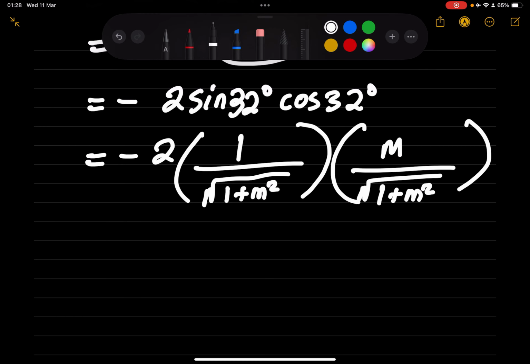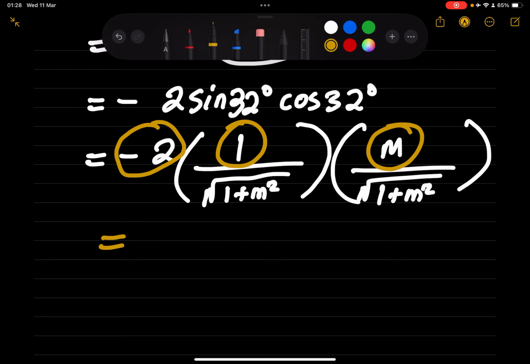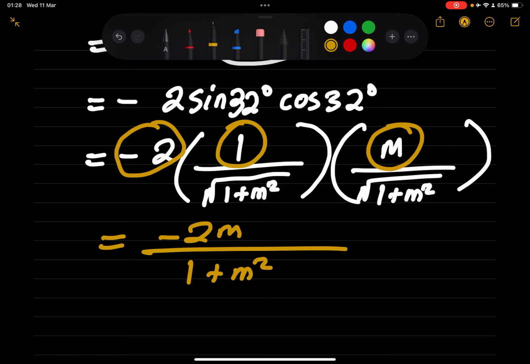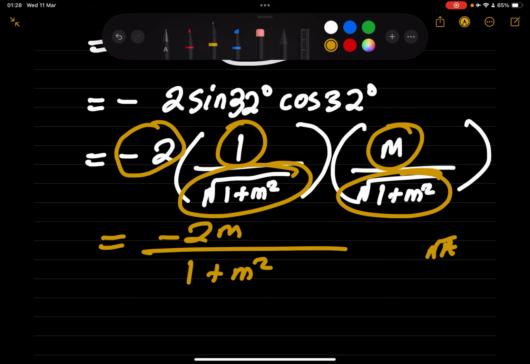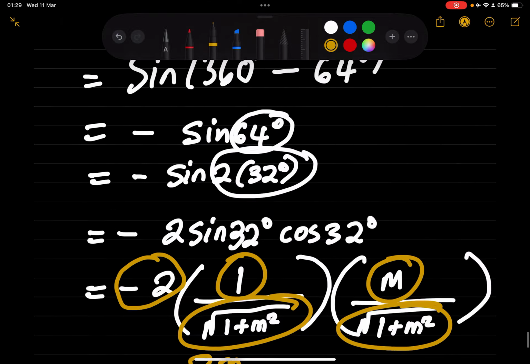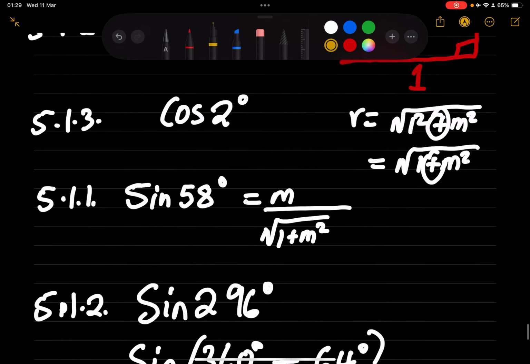And then multiplying the negative 2, the 1, and the m, we get negative 2m all over 1 plus m squared, because we're multiplying the same number under the root. If I have the square root of a multiplied by the square root of a, the answer is just a. And that marks the final answer.